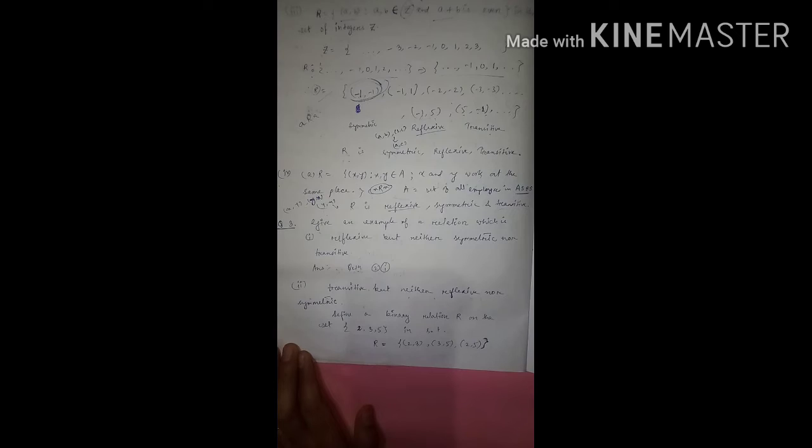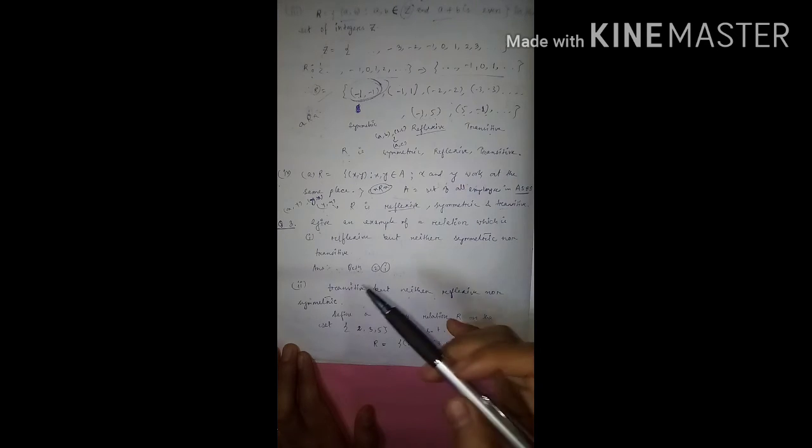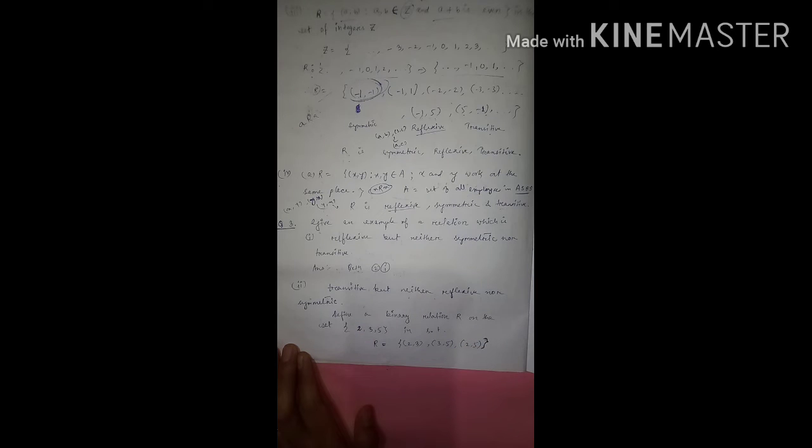Now, question number 3. Give an example of a relation which is reflexive but neither symmetric nor transitive. This is also a very, very beautiful question, because I have discussed it already in questions 1 and 2.